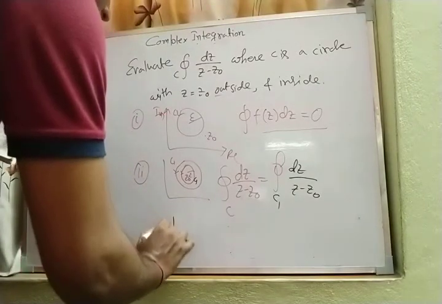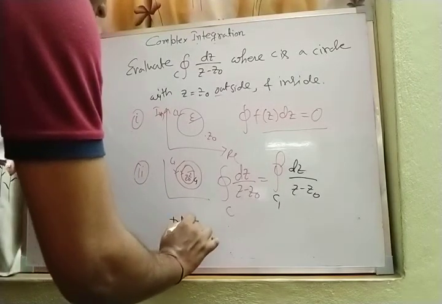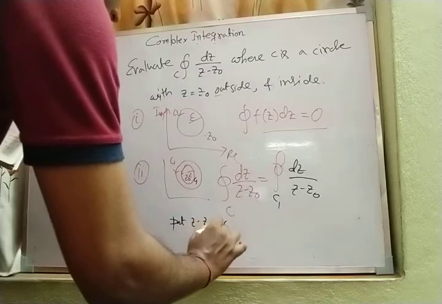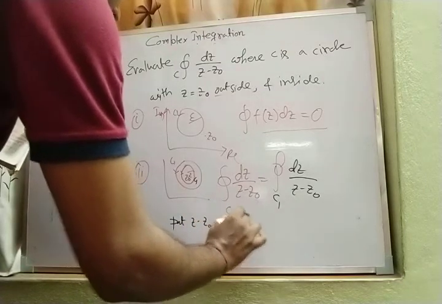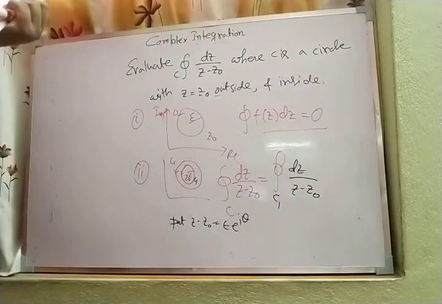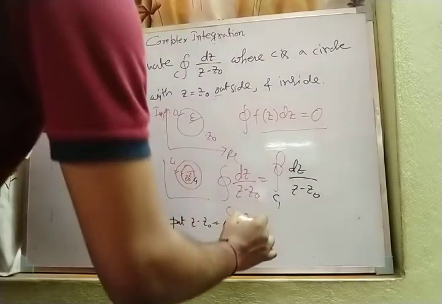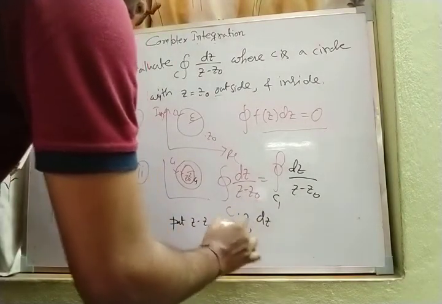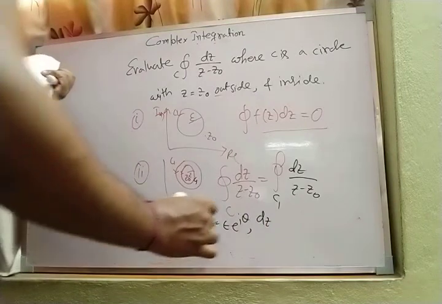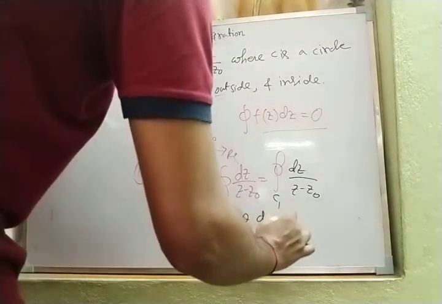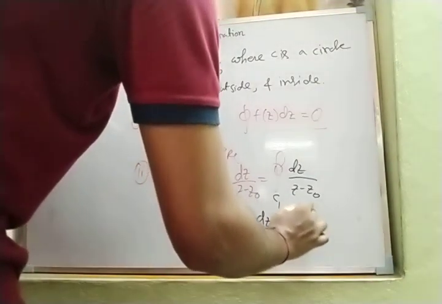Now putting z minus z0 equal to epsilon e to the power I theta, dz is equal to epsilon I e to the power I theta d theta.